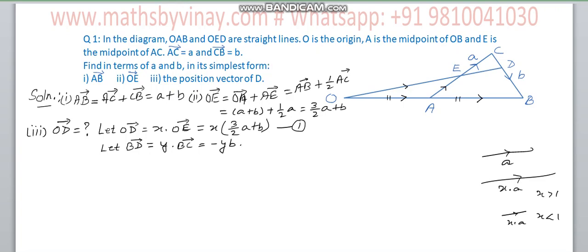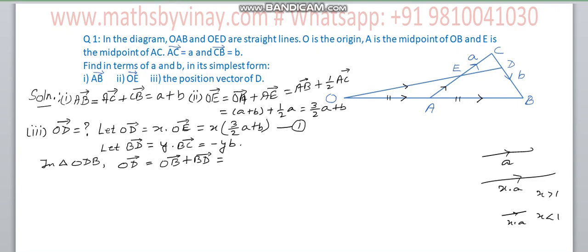Now what am I going to do? In triangle ODB we can say that OD equals OB plus BD. You can see here, OD is from here to here.